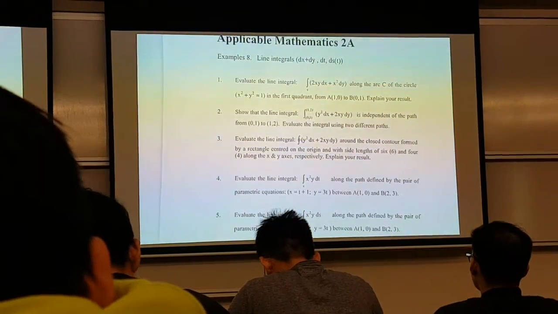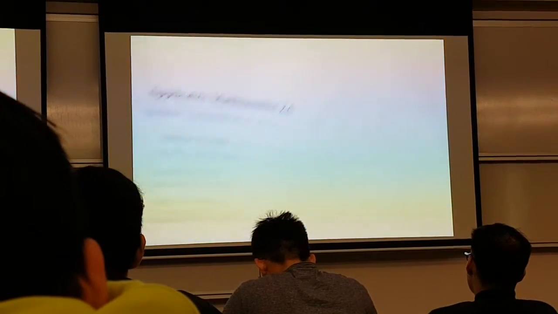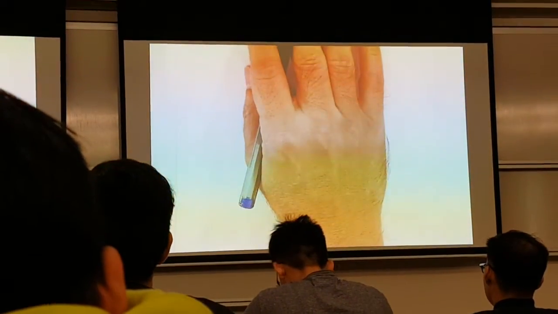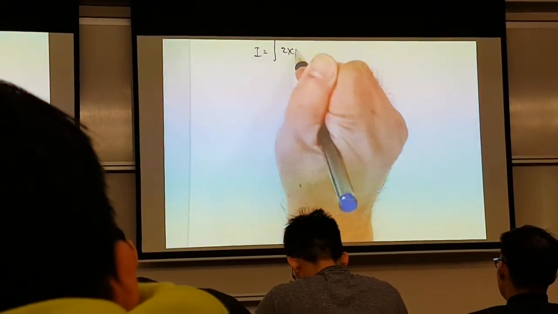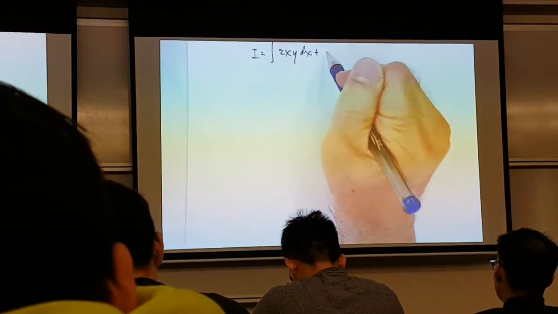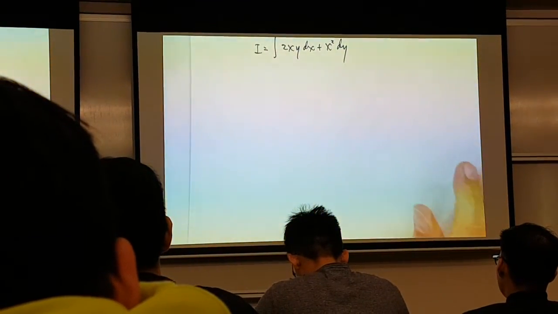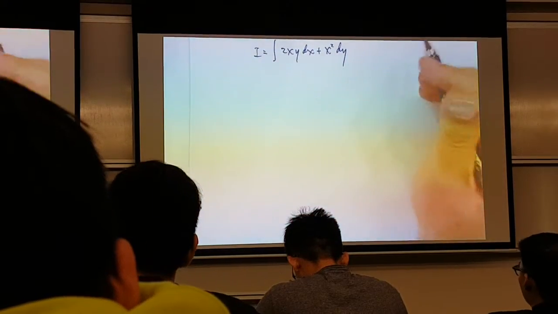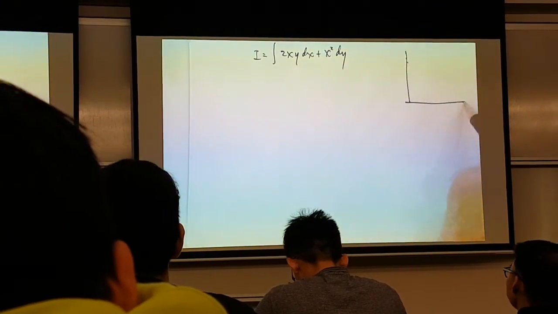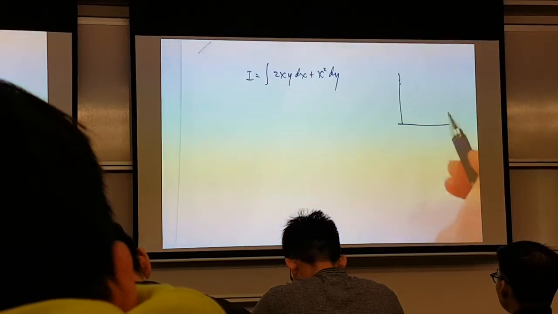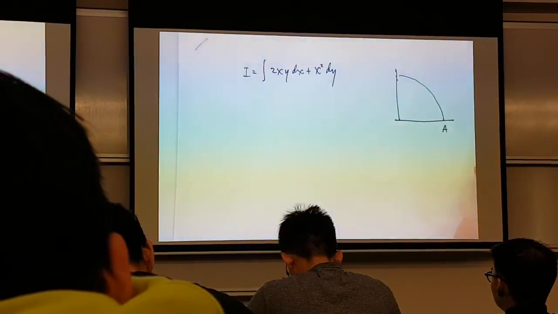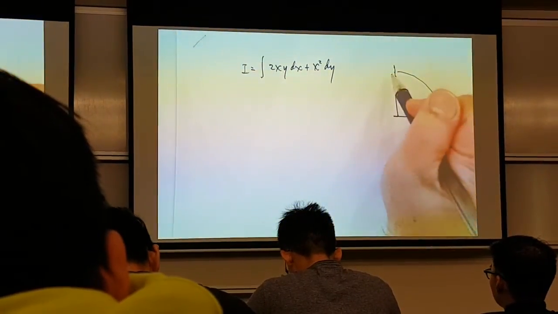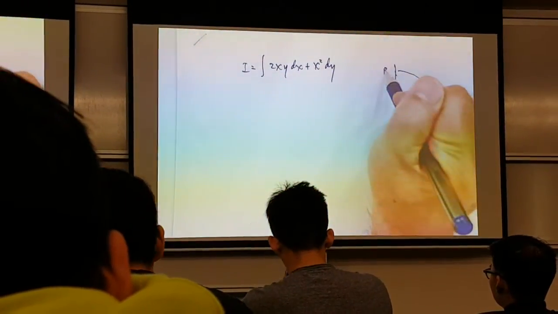So what we can do now is work on this line integral, 2xy dx plus x squared dy, along the arc. Point A is (1, 0), and then point B, so it's in this direction, counterclockwise.